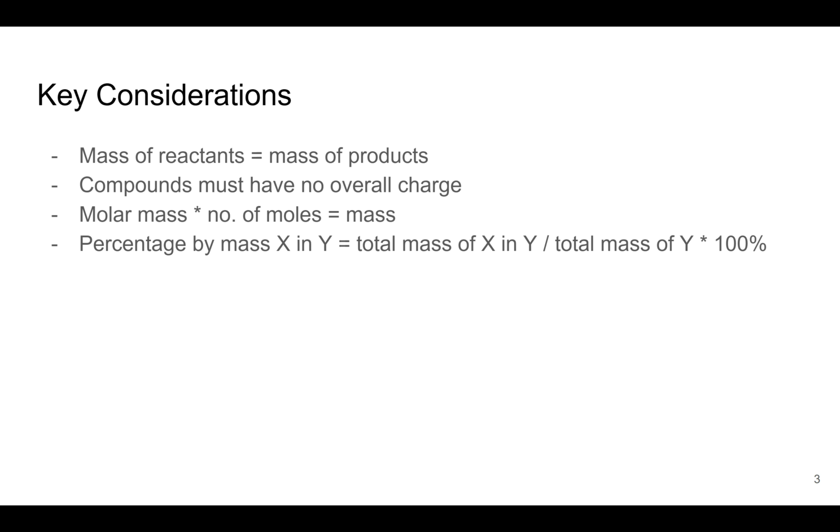The fourth thing you need to know is that the percentage by mass of X in Y is just equal to the total mass of X divided by the total mass of Y times 100%. So for example, if you take hydrogen chloride as an example, the percentage by mass of hydrogen in HCl is just 1.008 divided by (1.008 plus 35.45).